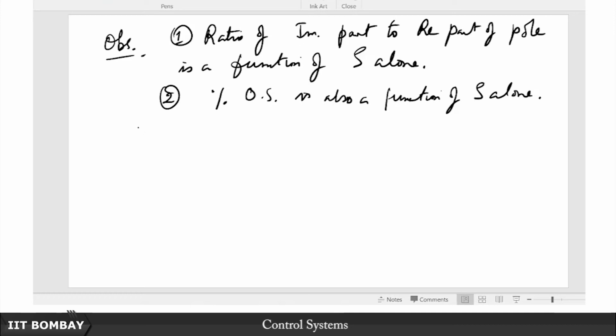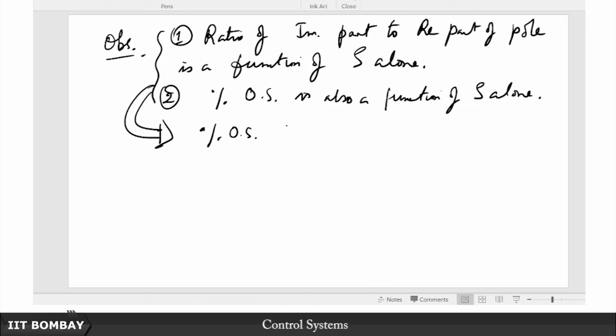So therefore based on these two observations we may now conclude that percentage overshoot, because we see every performance metric we are trying to connect with some feature of the poles of the second order system. We've seen that the peak time is related to the imaginary part of the pole, the settling time is related to the real part of the pole, the rise time is related to the magnitude of the pole.